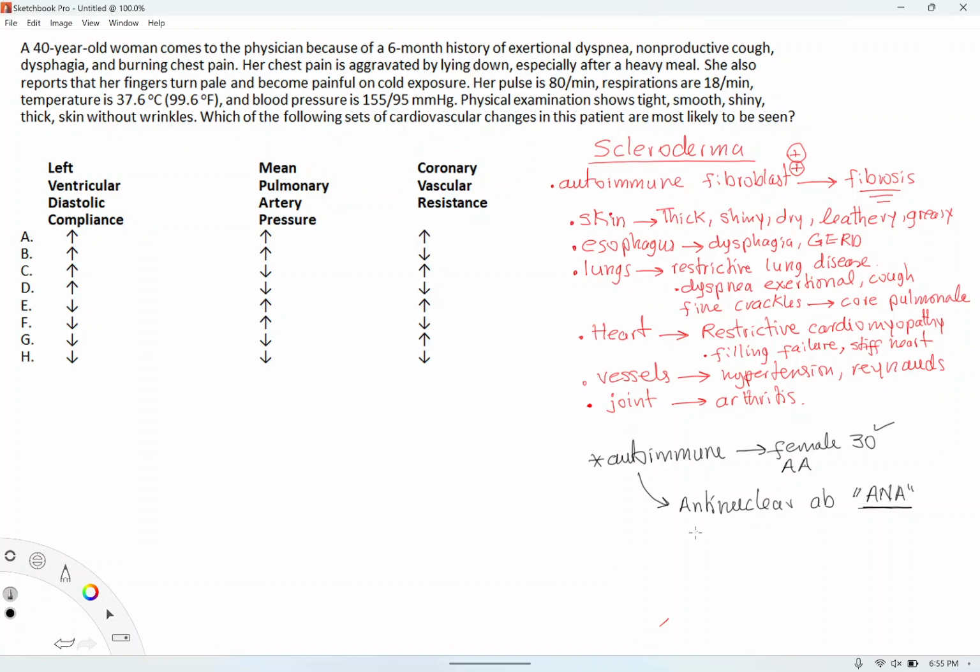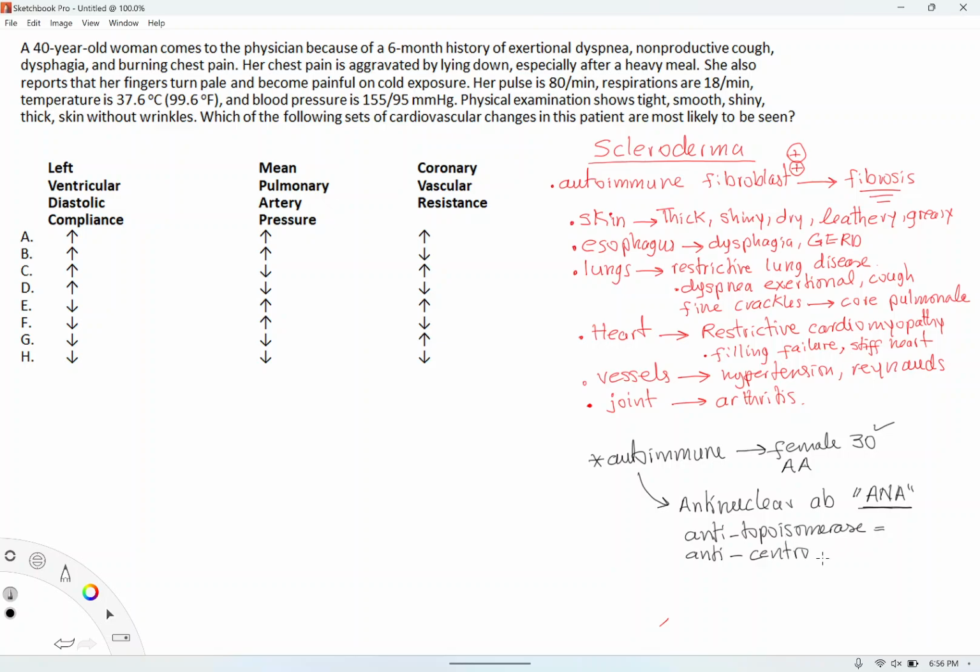But anti-topoisomerase, an enzyme responsible for DNA replication, is more specific, and that is for systemic scleroderma. But also you should be looking for anti-centromere antibodies.